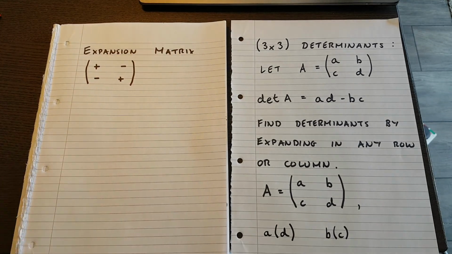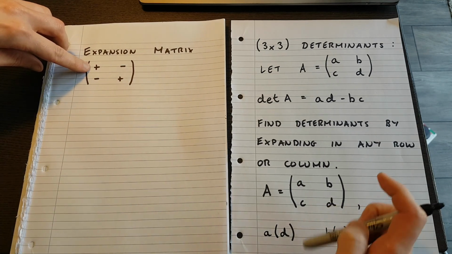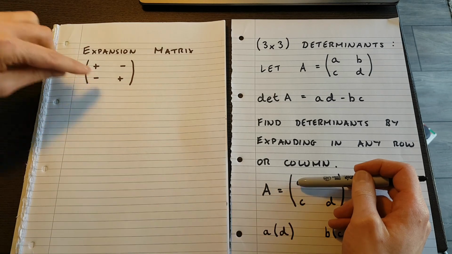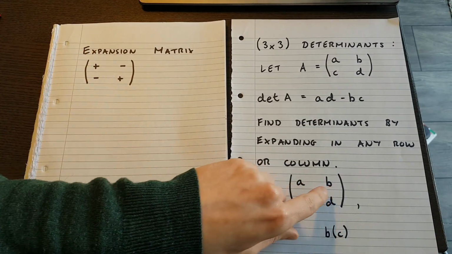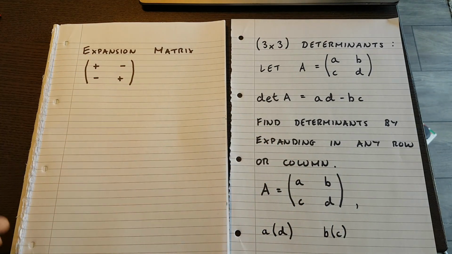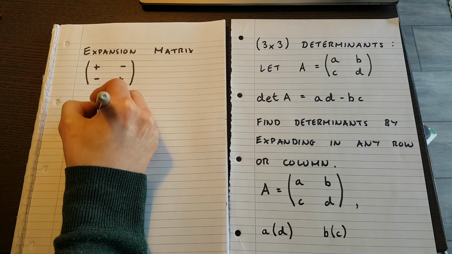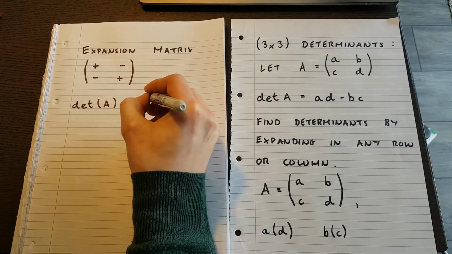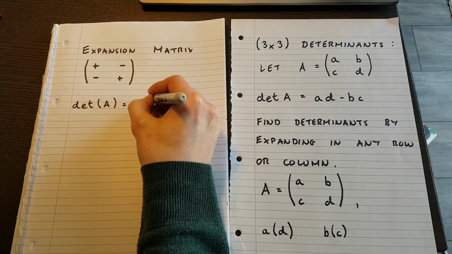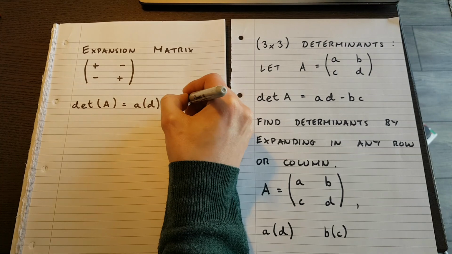We'll also call this the sign matrix. The sign for the A, when I expand on A, is going to be plus. And when I expand for B, I'm going to have a minus, which means that my determinant of A is equal to A times D, which I've worked out, and then minus B times C.